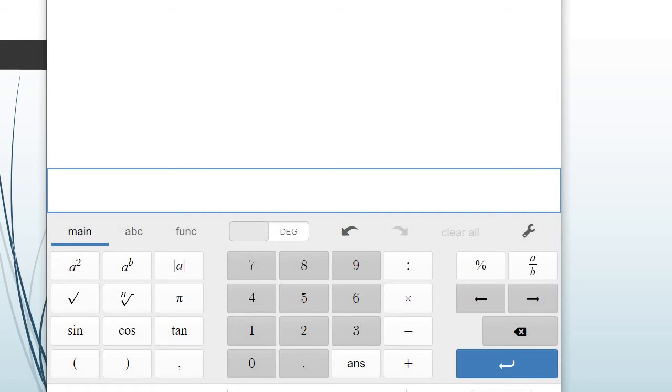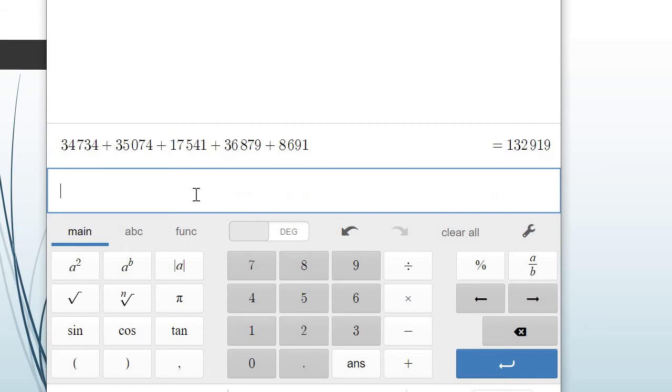Okay, so if we look at all the cases all around the city, we just start by adding them all up. 34734, 35074, 17541, 36879, and 8691. And we get 132,919 cases in New York City.